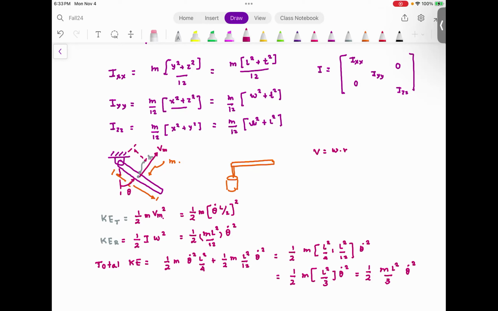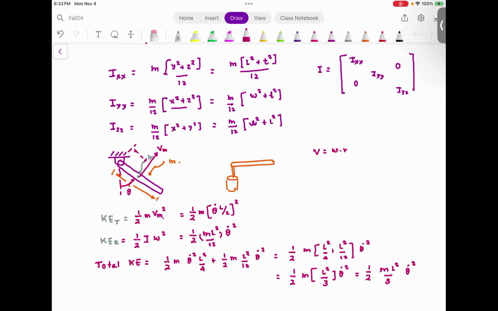But what I'm trying to do here is there are two types of kinetic energy. One is the kinetic energy of translation, other one is the kinetic energy of rotation. I found out the kinetic energy of translation, which gives you the mass multiplied by the translational velocity of the mass square.